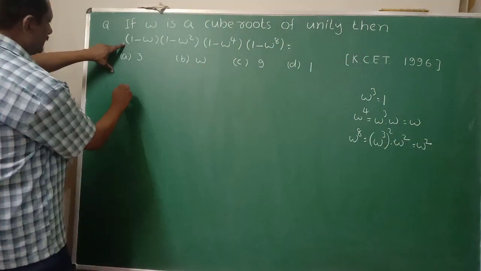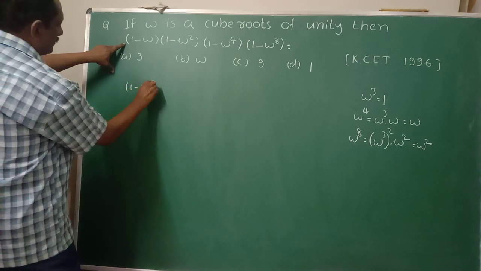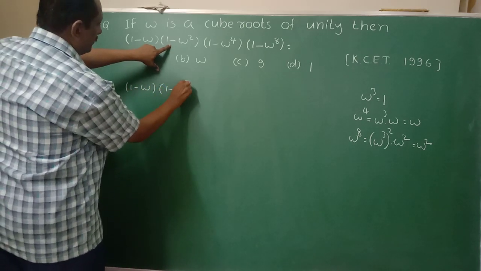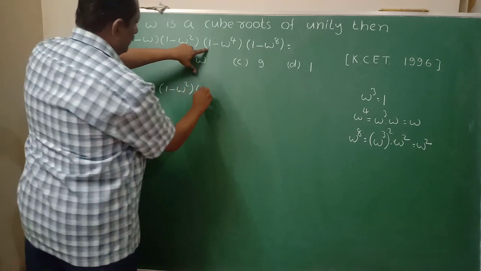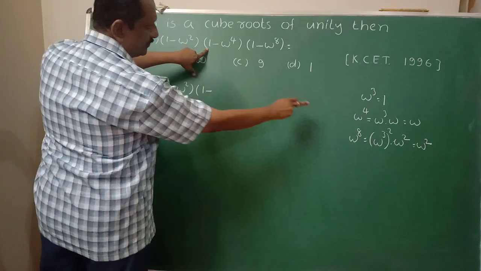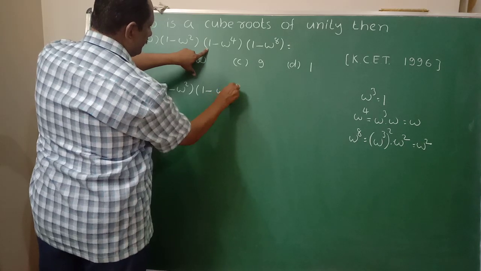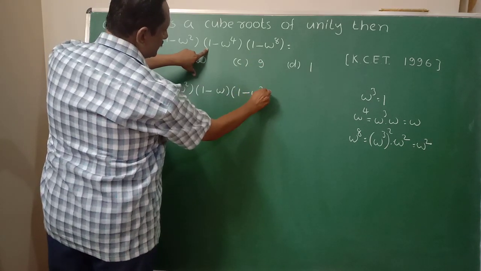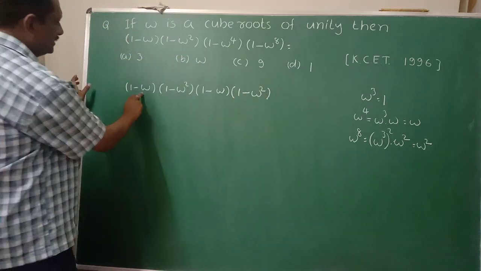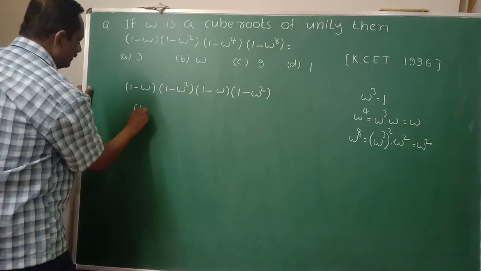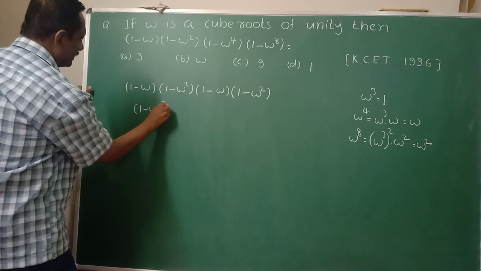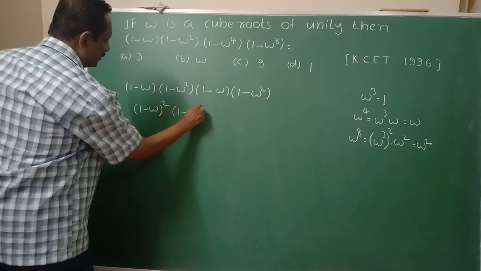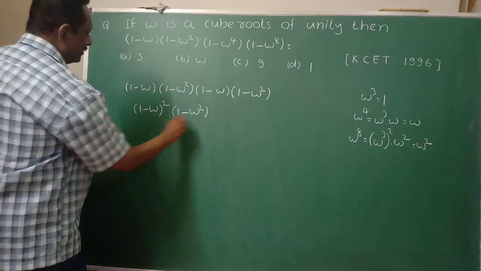Therefore 1 minus omega, then 1 minus omega square, then 1 minus omega raised to 4, which is omega. So write here omega. 1 minus omega raised to 8 is omega square. Therefore this into this is (1 minus omega) whole square, then this into this is (1 minus omega square) whole square.